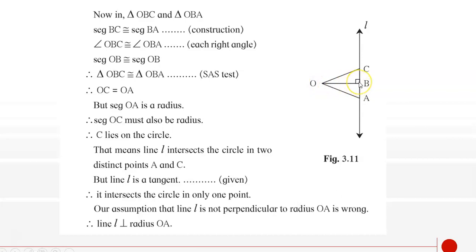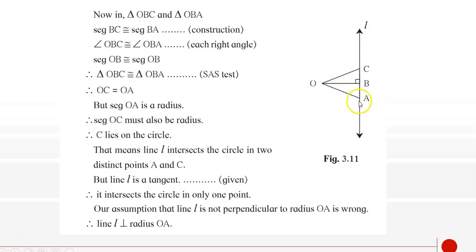And segment OB is equal to segment OB, that is a common segment. So I have triangle OBC congruent to triangle OBA by the SAS test of congruency, and on the basis of that I can say that OC is equal to OA, by corresponding sides of congruent triangles.